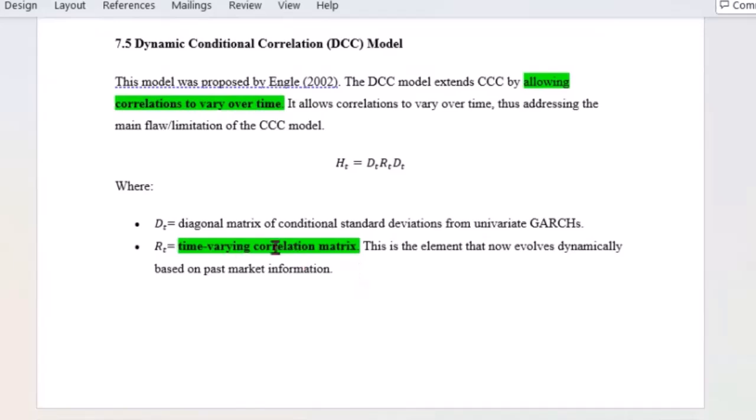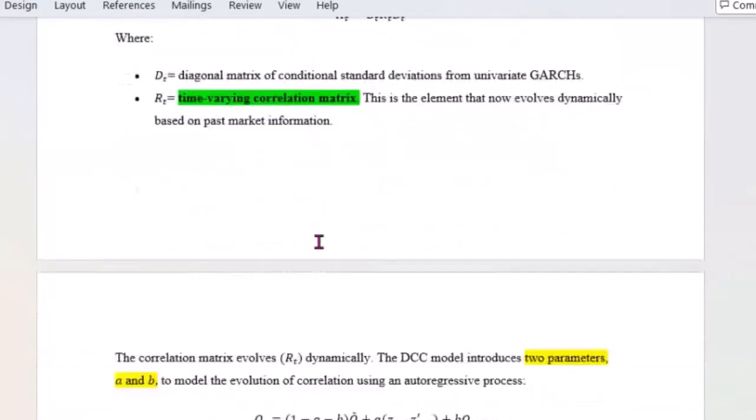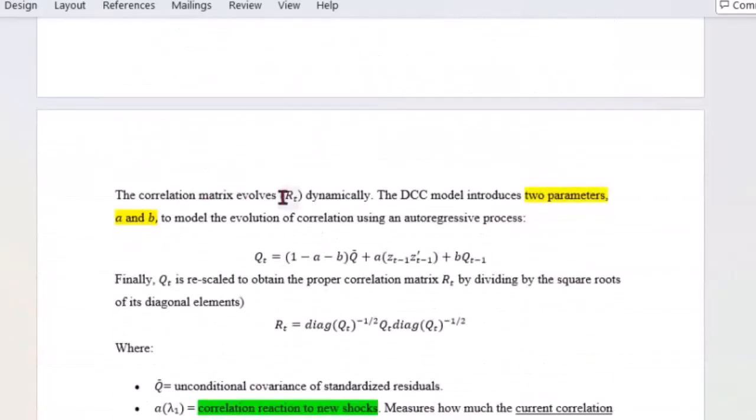So whenever we have a time varying variable, the past information is very significant in influencing the following period's behavior. So the correlation matrix R_t evolves dynamically.